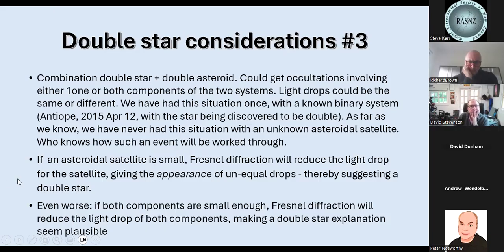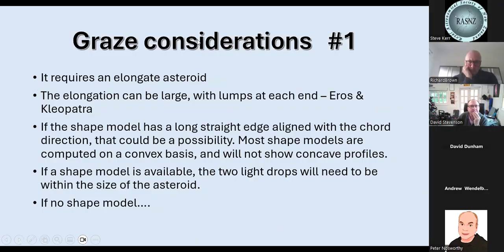But I've got an example of some of this Fresnel diffraction issues. Graze considerations. Graze events, you need generally an elongate asteroid, or at least an asteroid which is large enough to have one side which is flat and appropriately oriented along the path of the asteroid's path.